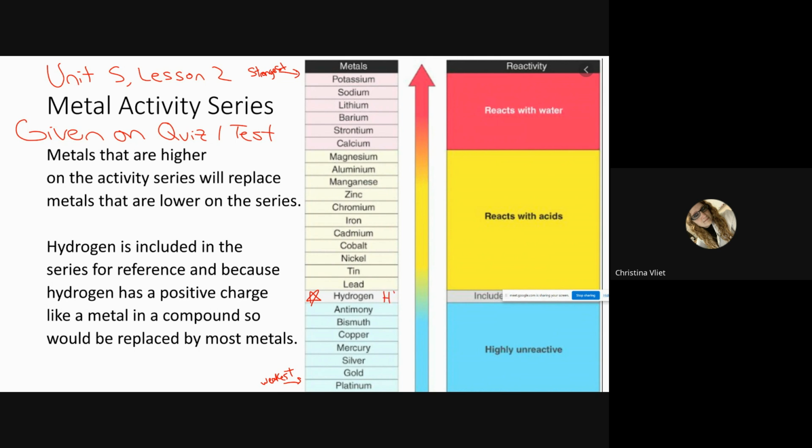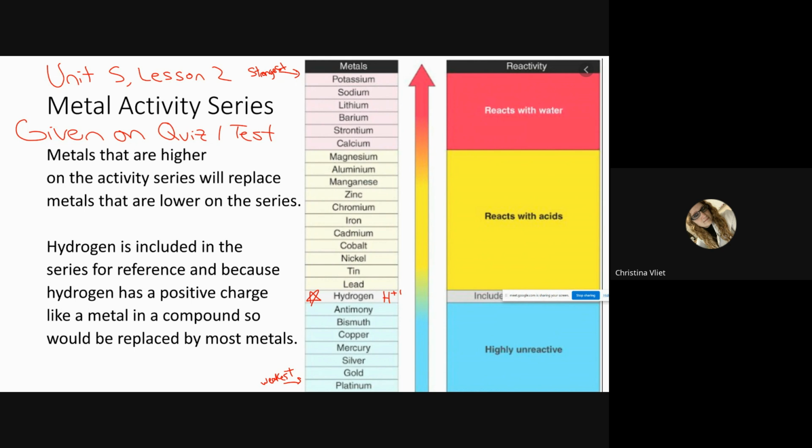Because hydrogen has a +1 charge. When it forms an ion, it forms a positive charge like a metal, even though it's a non-metal, and this is due to its low electronegativity in comparison to all the non-metals. And some more special things about hydrogen we'll go over in a little bit.